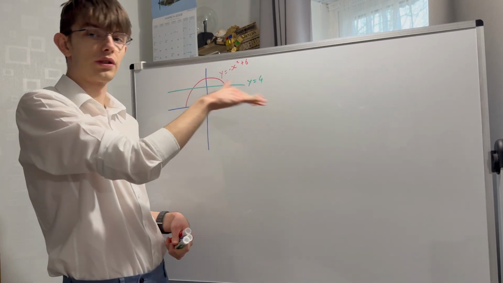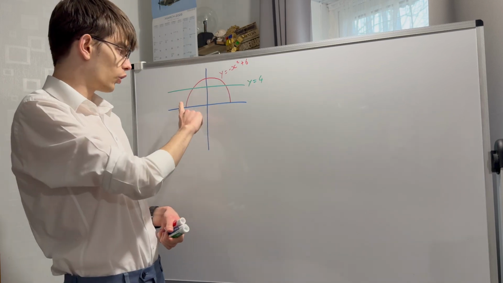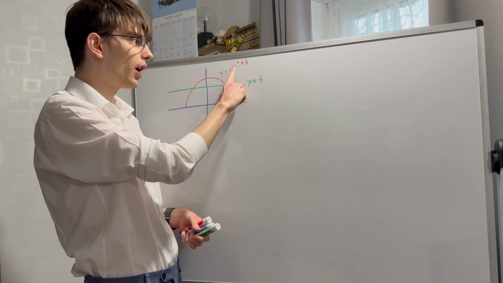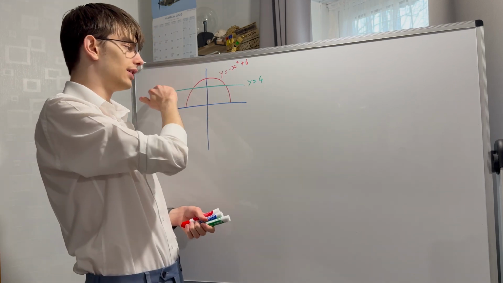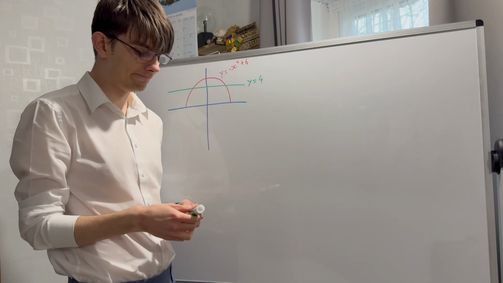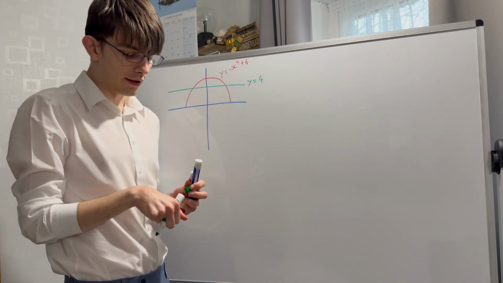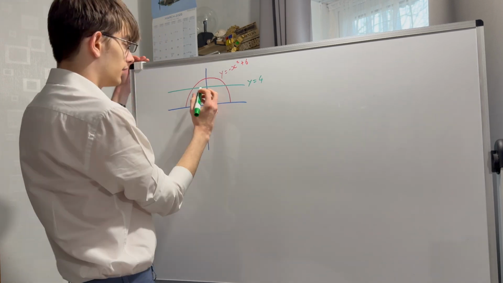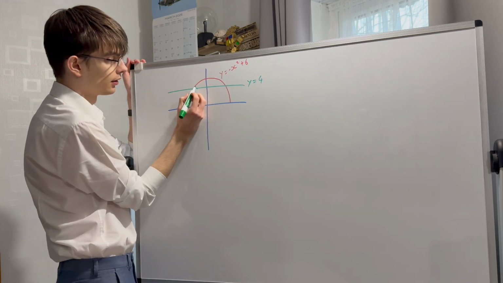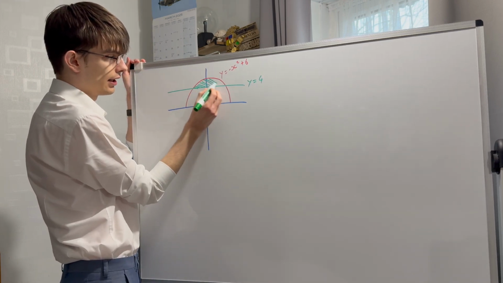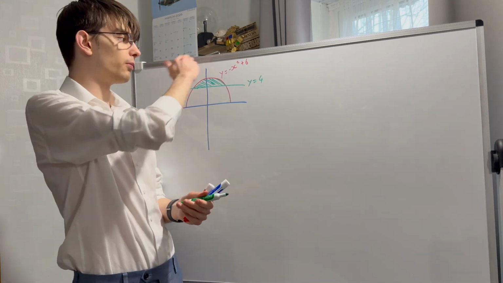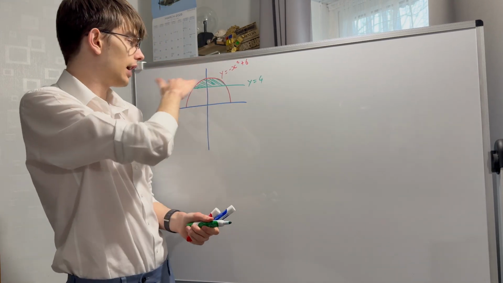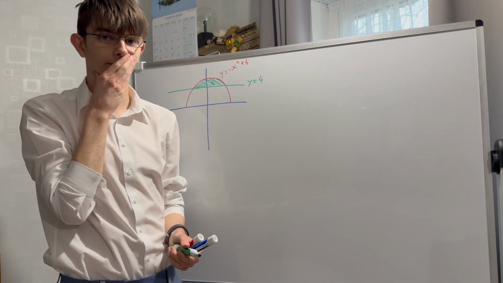I've got some coordinate axes in blue, a curve y equals minus x squared plus 6, and a y equals 4 line running through it. So what if I asked to find this area here? The area between the y equals minus x squared plus 6 graph and the y equals 4 line.